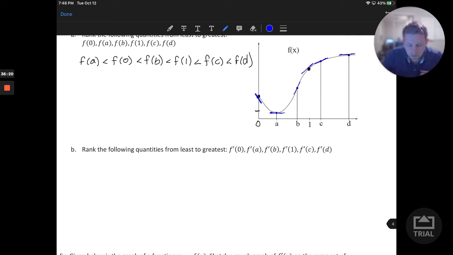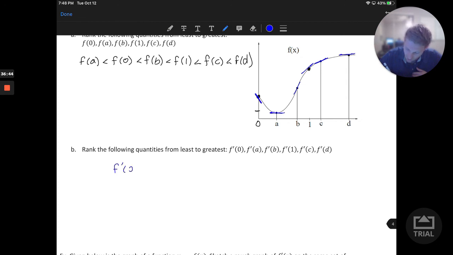So if we consider each of these little blue tangent lines on each of the points, let's consider maybe what would be the smallest out of these.